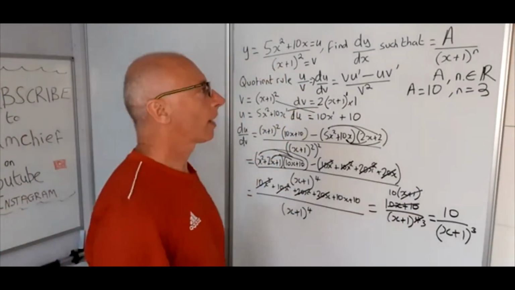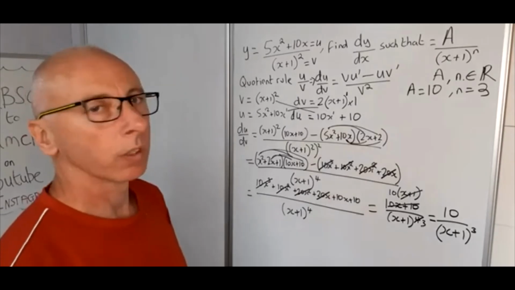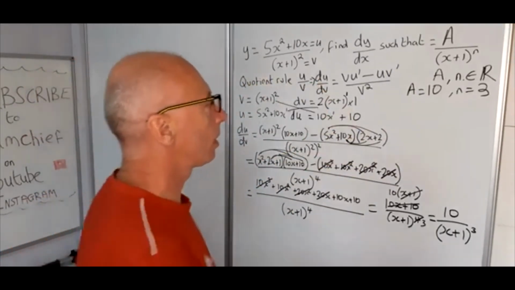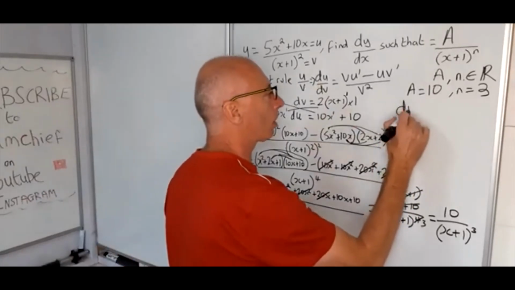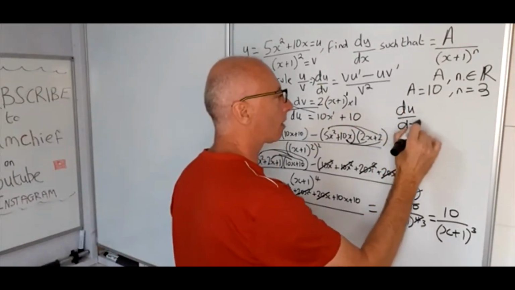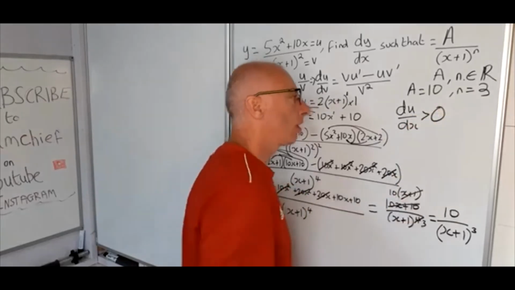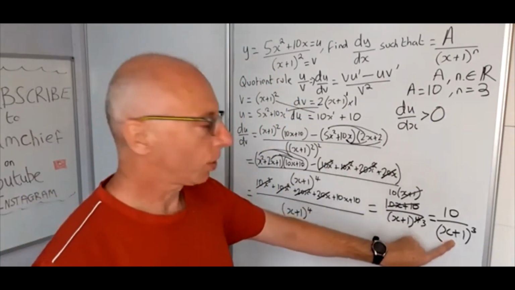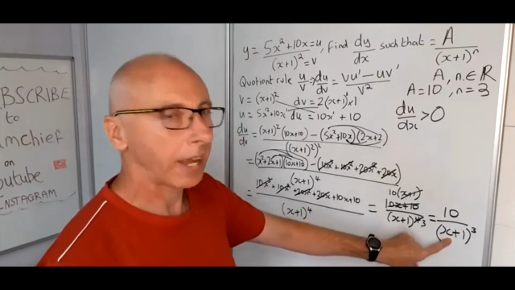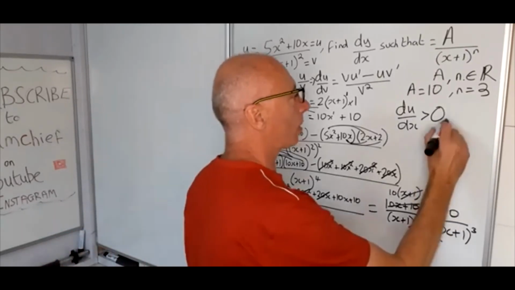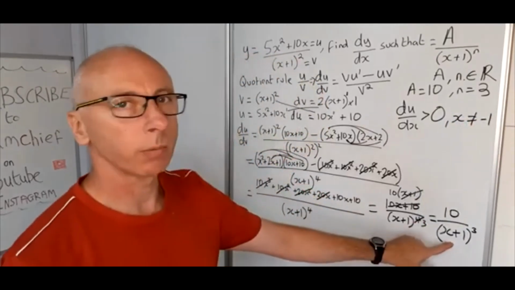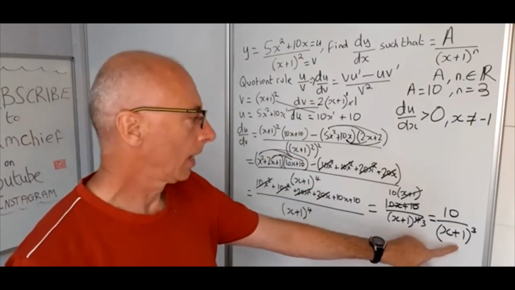Okay, so that takes care of that. Now what we want to look for is where the domain of this derivative is. So what we're looking for is du dx larger than 0. So when is this going to be larger than 0? Well, we see we can't have minus 1, so x does not equal minus 1, otherwise we end up with 0 in the denominator.